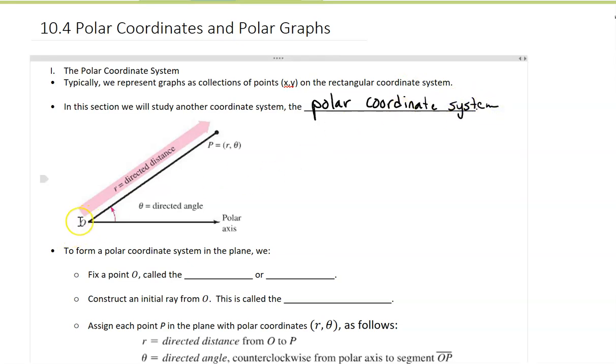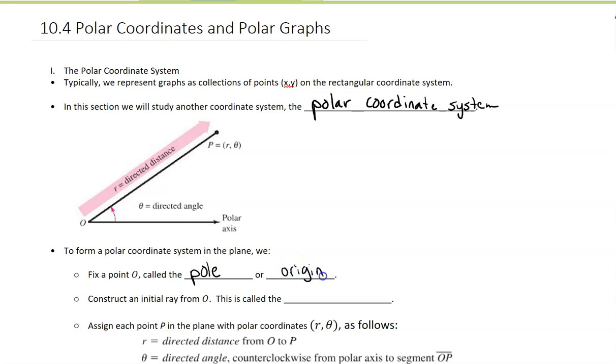So basically we have this fixed point, which we call the pole, or you're used to calling it the origin. It'll land in the same place that the origin normally lands. And we construct an initial ray from the origin, and we call that the polar axis. Now the polar axis is going to lie in the same position as the positive x-axis would lie.